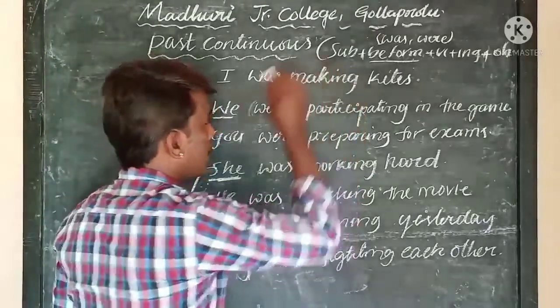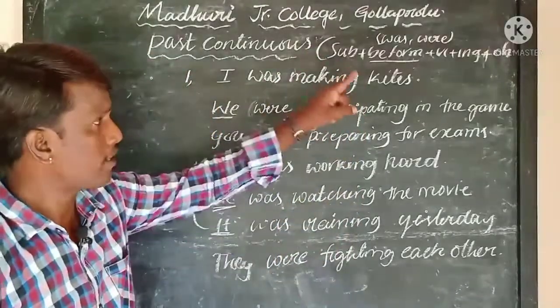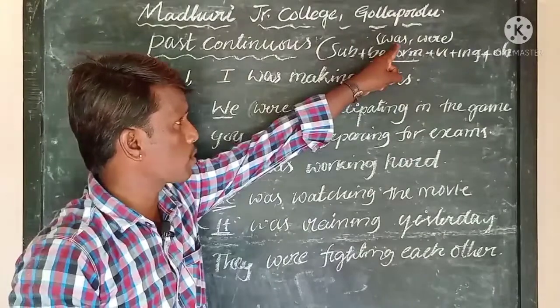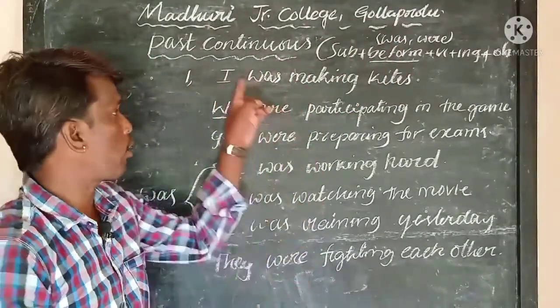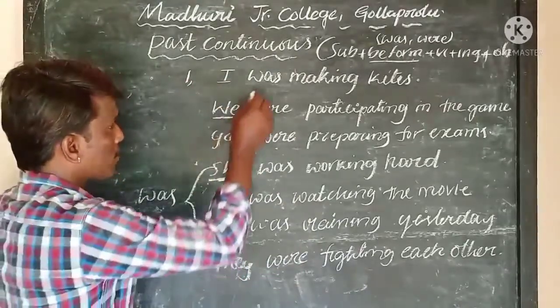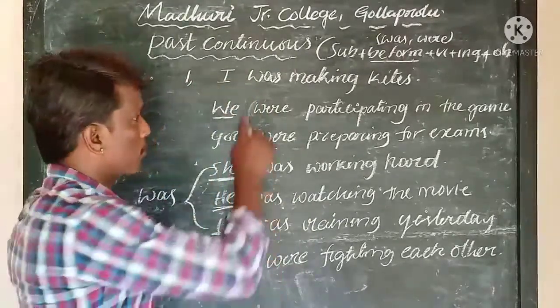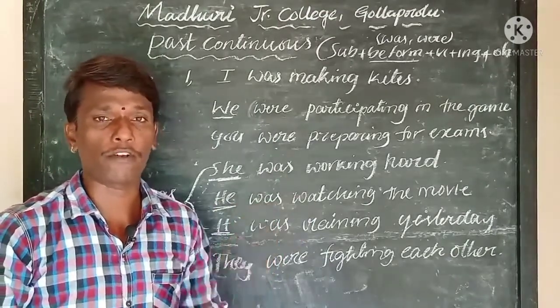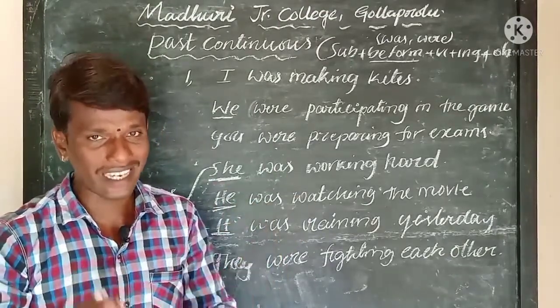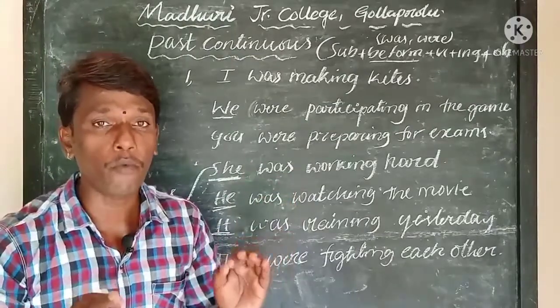Here, as we are talking about past tense, you should take the past be forms was, were based on the subject. If the subject is singular along with I in the past tense, it is better you take the be form was. Whereas if the subject is plural, along with all the pronouns except I, she, he, you can write the past be form were.